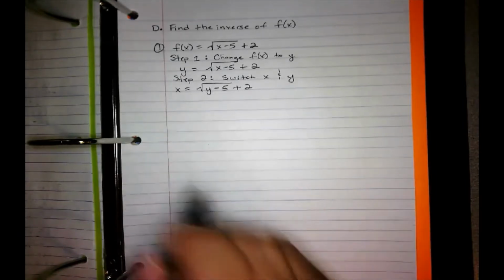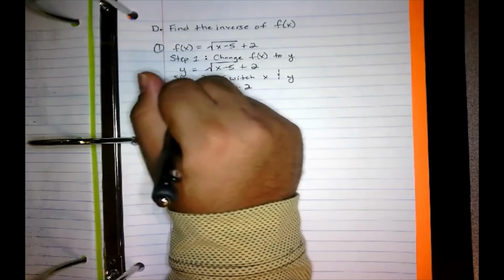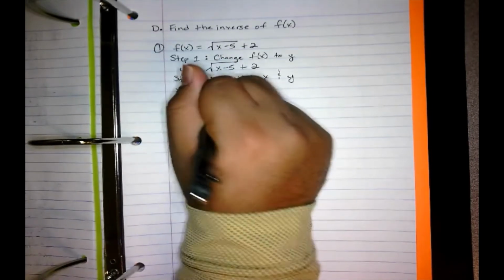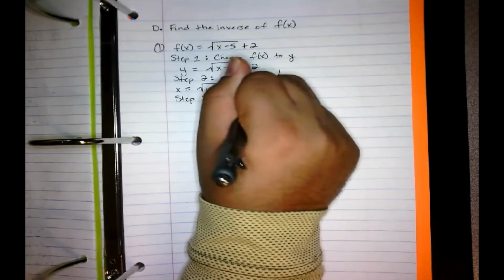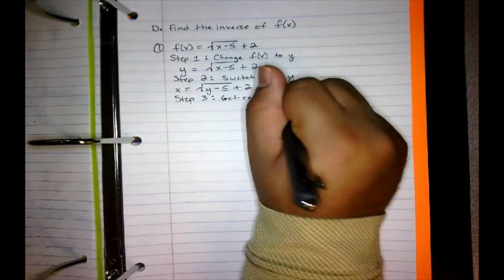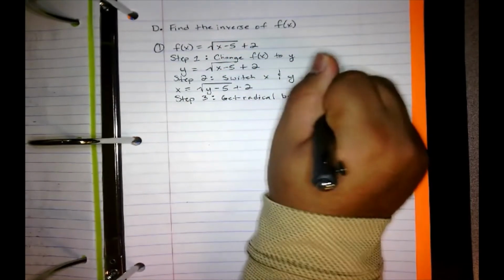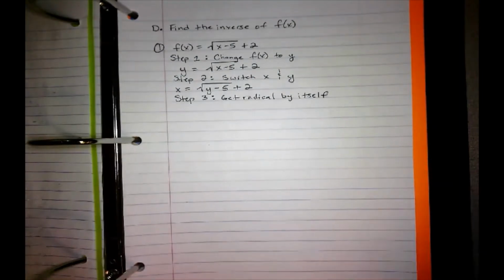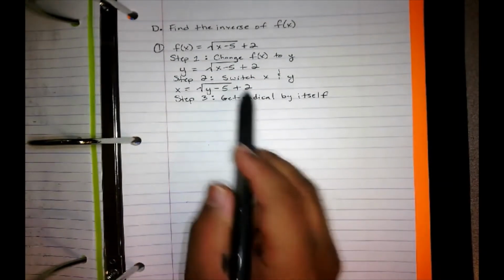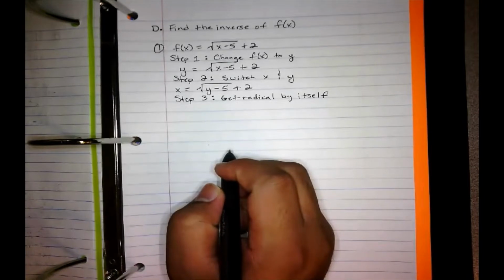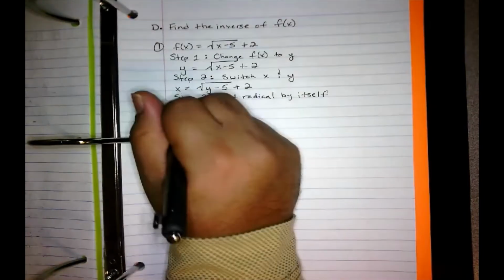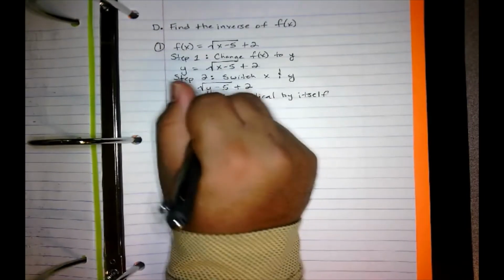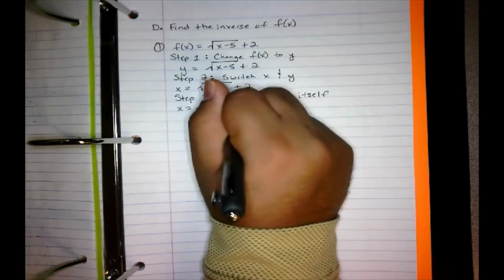Step 3, get the radical by itself. So that means I have to move my 2. I have x equals the square root of y minus 5, plus 2.